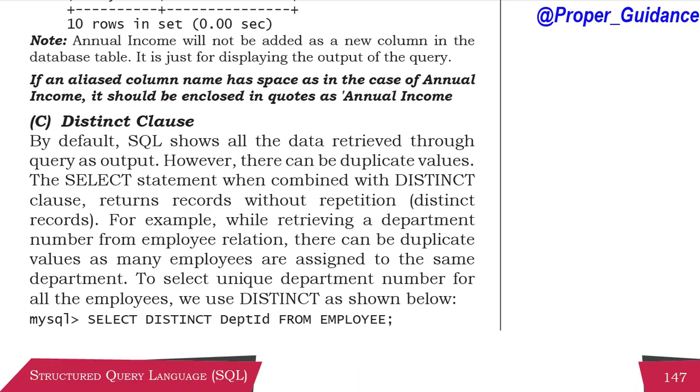And distinct clause. What is distinct clause? By default, SQL shows all the data retrieved through a query as output. However, there can be duplicate values also. The select statement, when combined with a distinct clause, returns records without repetition, distinct records.